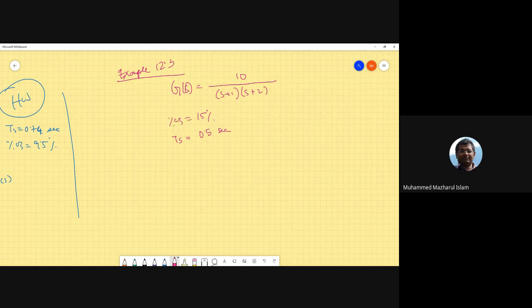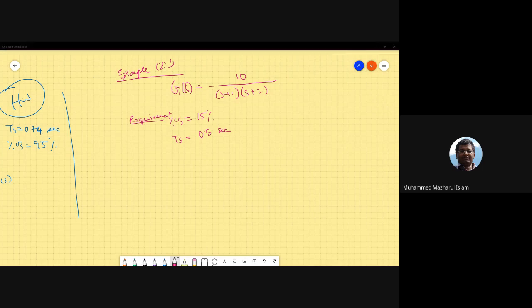Okay, this is our requirement. Now we could do this in phase variable form, but they ask us to design this in cascade form.